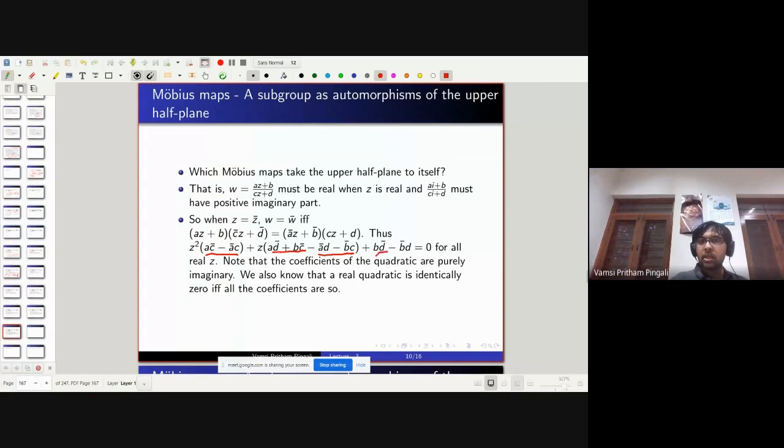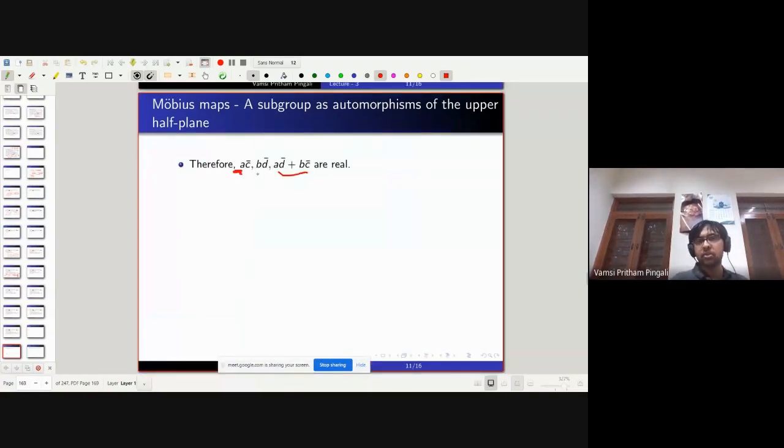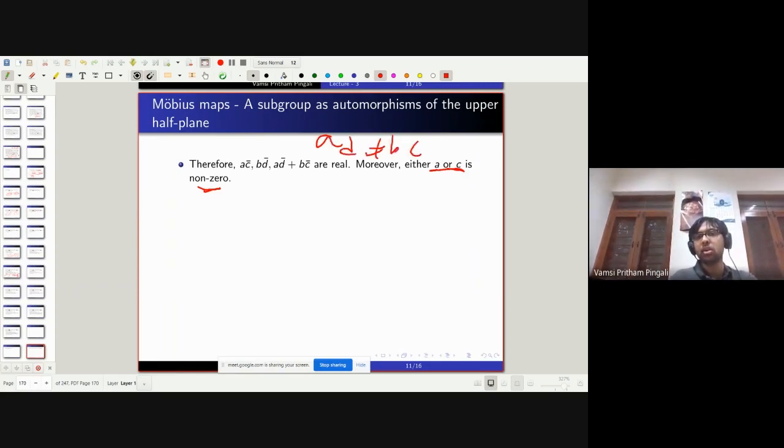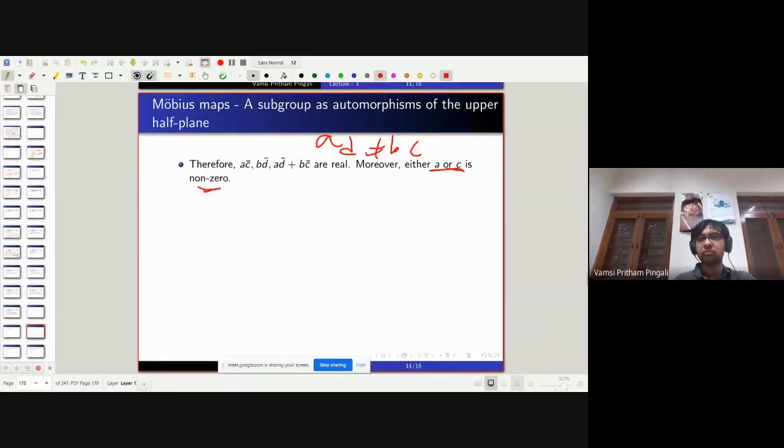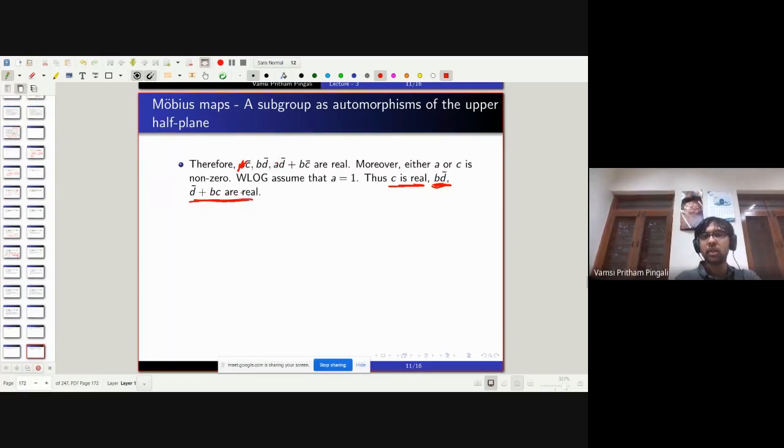And BD bar equals B bar D, so this is also real. Moreover, one of A and C is non-zero because AD should not equal BC. If both of them are zero, you're in trouble, right? So without loss of generality, you can divide by A to begin with and assume that it is 1. That means C bar is real, so C is real, BD bar is real, and A is 1, so this is real.